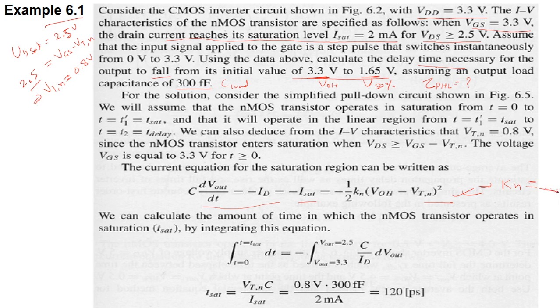From this equation, you can find the value of Kn. Then again it will be a combination of two parts. First, when the NMOS is in saturation, it goes from VOH to VOH minus VTN, that is 3.3 to 2.5, and this will come out to be around 120 picoseconds.